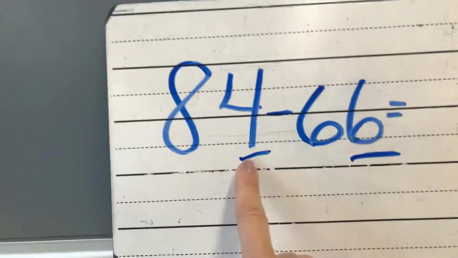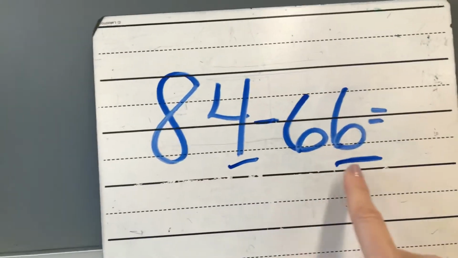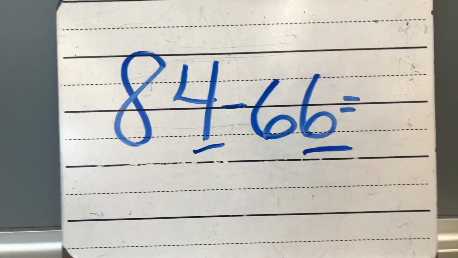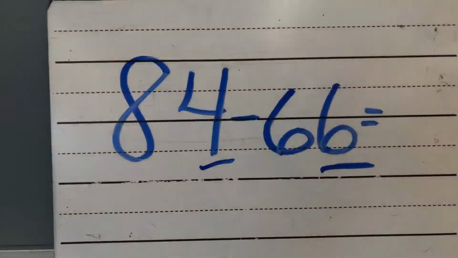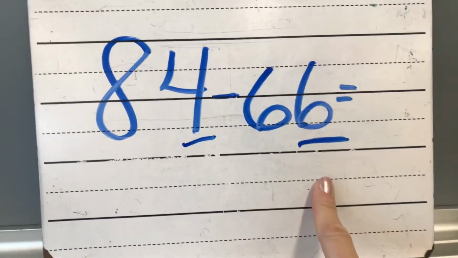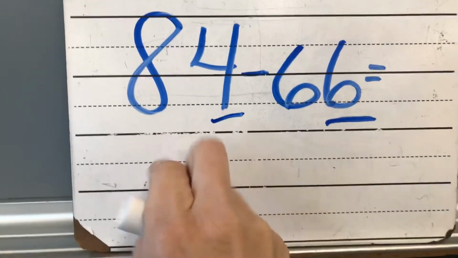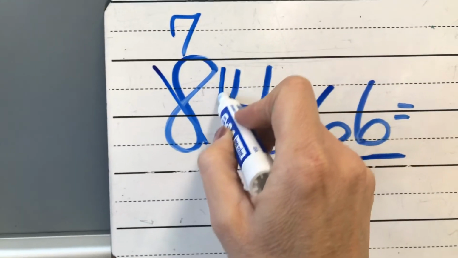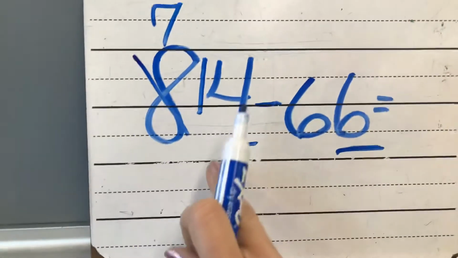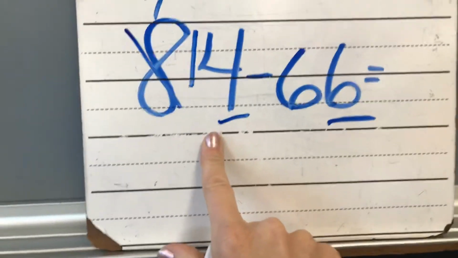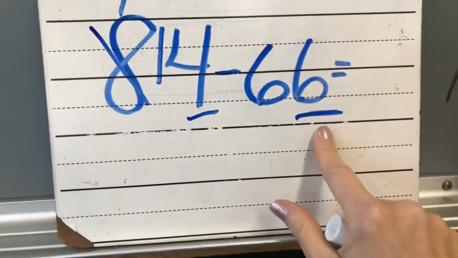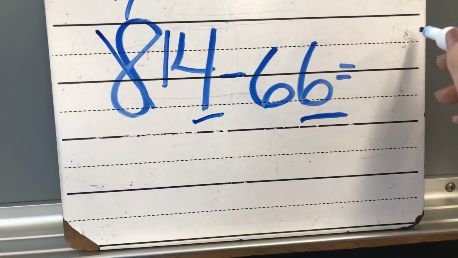This is what we do. We start to subtract, and I say, can I take 4 away from 6? And you should all say, no. I can't take 4 away from 6, but I can borrow. So I borrow from your 8, and I'm left with 7. Borrow, add, borrow, add. Now you can see a problem. You have the number 14 minus 6 gives us the answer.